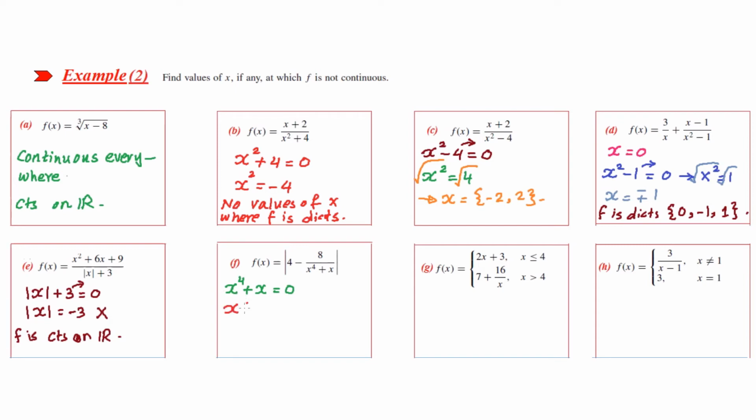We have x multiplied by x to the power 3 plus 1 equal to 0. Then you have to factor x to the power 3 plus 1 because it is a sum of two cubes, x cubed plus 1 cubed. So it will be x multiplied by x plus 1 multiplied by x squared minus x plus 1 equal to 0.